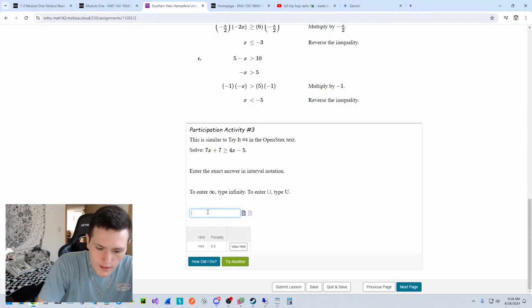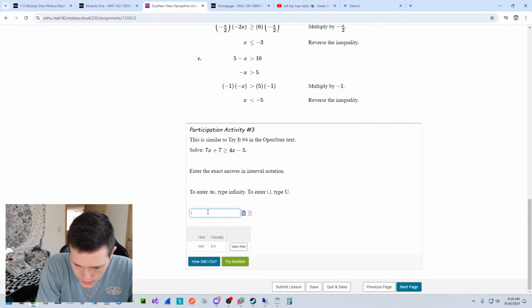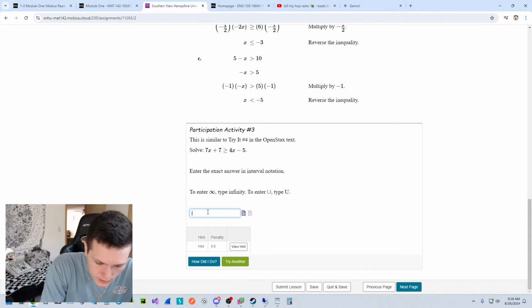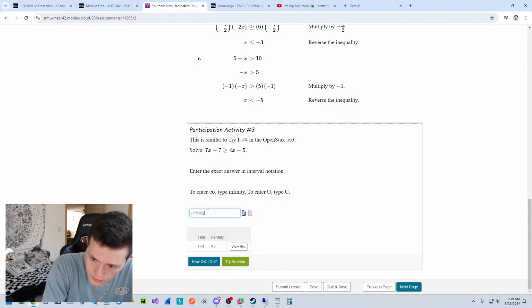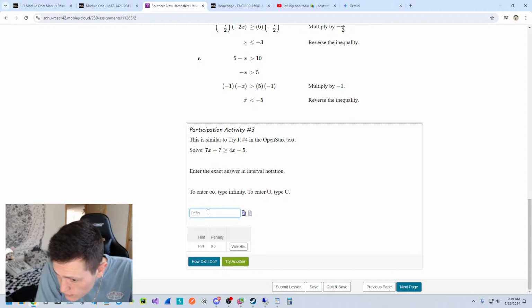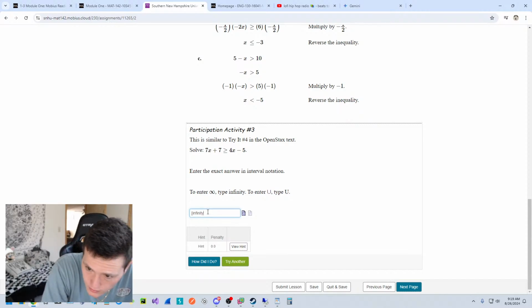Alright. I think I got it. So this would be 4. So it would be infinity. So infinity is greater than or equal to -4. X is greater than or equal to -4.